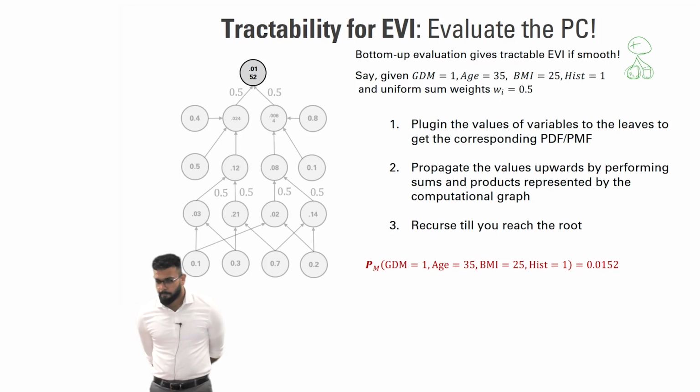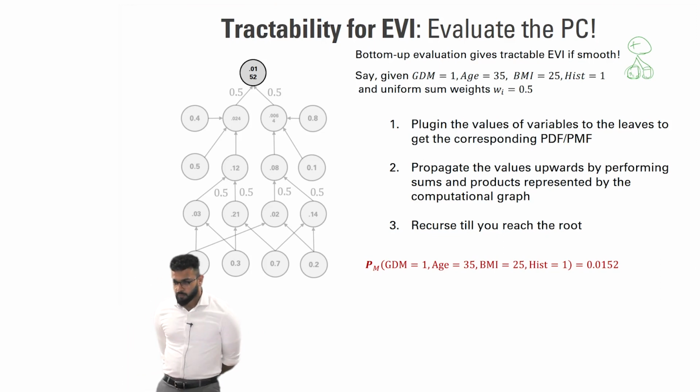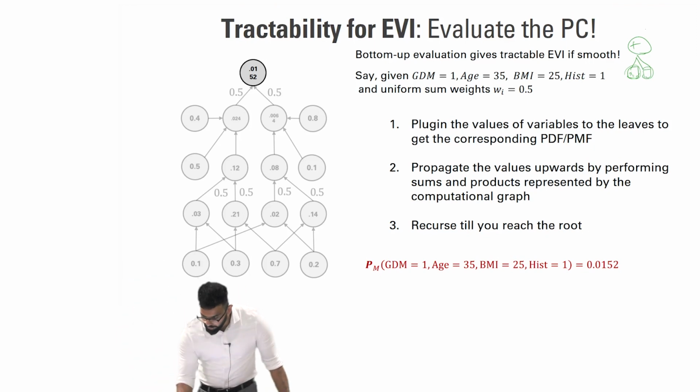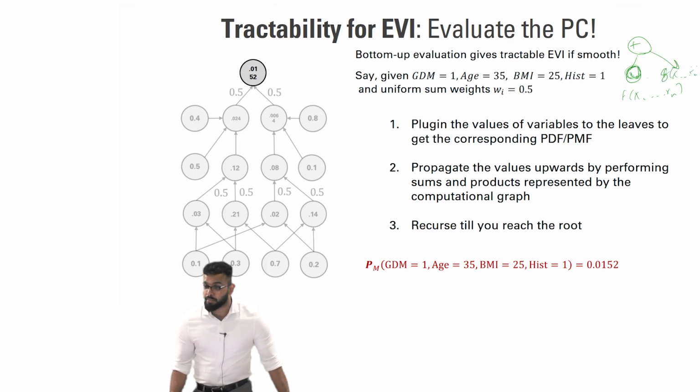When you're defining smoothness, you said for a sum node, both the inputs are at x1, in your example. But here, indirectly, all the variables contribute. So will there be a scope here? No, I said the scope should be the same. What is the scope? It is the set of variables over which the node computes the function. So at the root level, if this particular child is a function f of x1 up till xn, and this is also a function g over x1 up till xn, they have the same scope. So it is smooth. Is it clear?